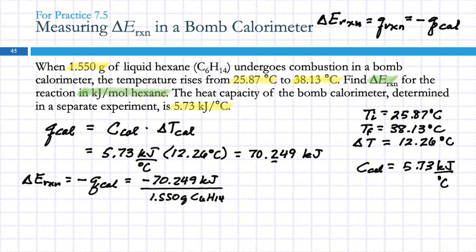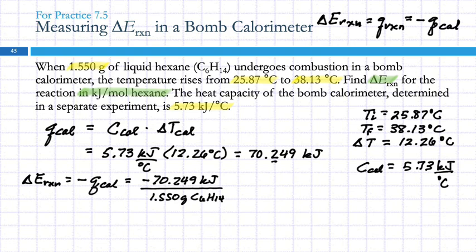Okay with that? Because this is what we burned. This is the amount of heat released for that amount that we burned. But they want this in kilojoules per mole of hexane. Of course they do, because it's chemistry and everything's about the mole.